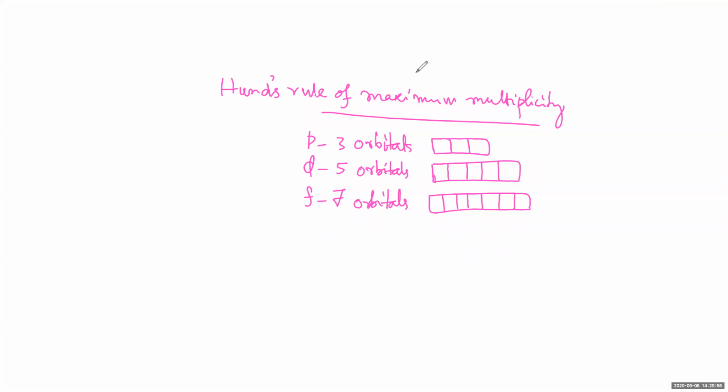The values will be the same for the 2 electrons present in an orbital, and the spin quantum numbers will be different: plus half and minus half.